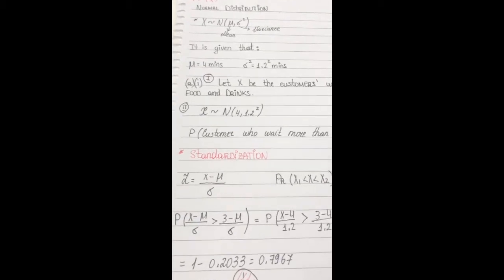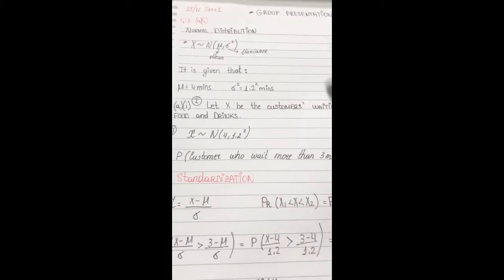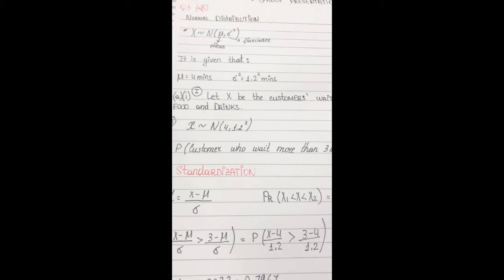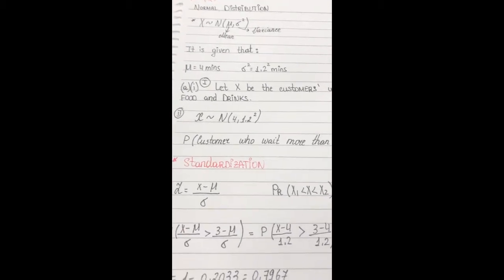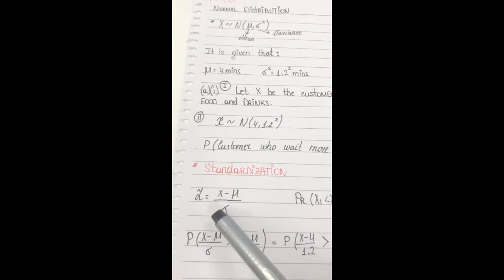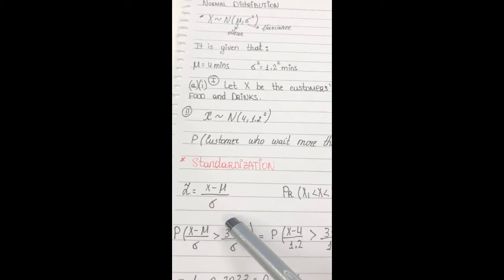Because the mean is 4, we need to transform it into the standard normal distribution. Its formula is Z equal to X minus mean divided by standard deviation.